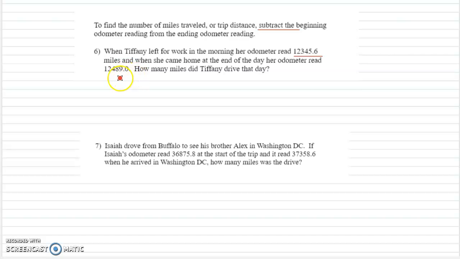12,345.6 miles, and when she came home at the end of the day, her odometer read 12,489 miles. You're just looking for the difference between those two. So I'm taking my ending reading and I'm going to subtract my starting reading. And I'm going to see what I get, and my difference here is going to be the total amount that Tiffany drove during the day.